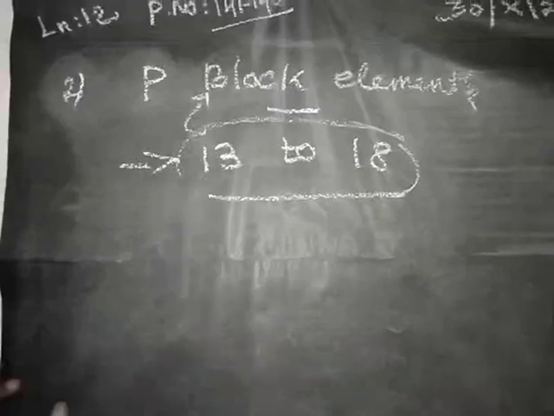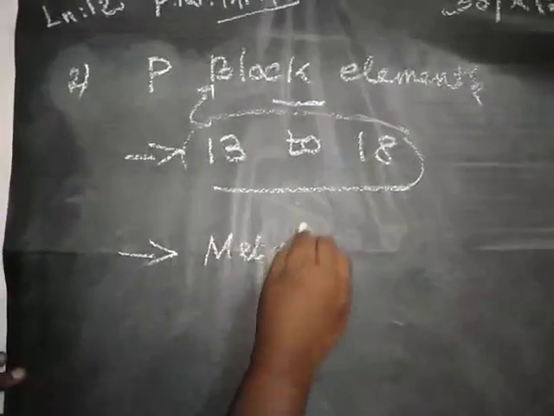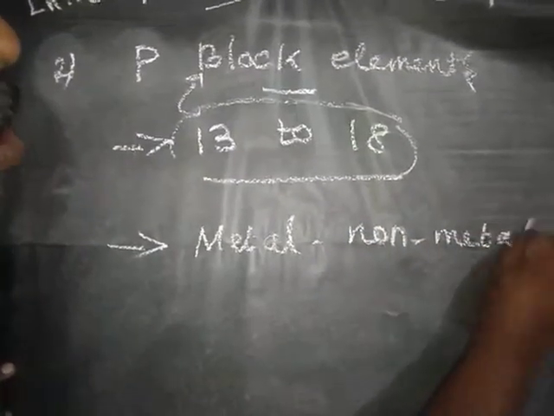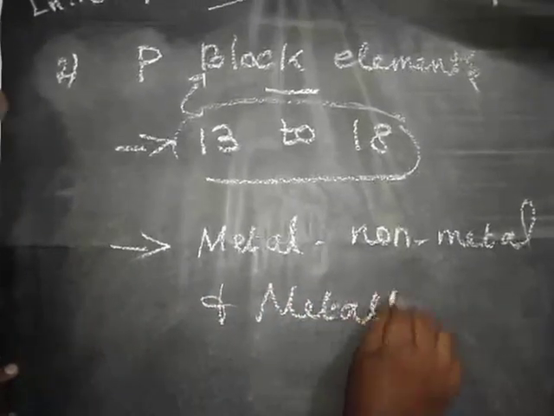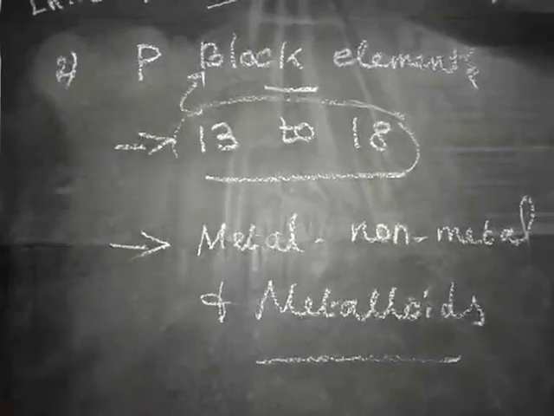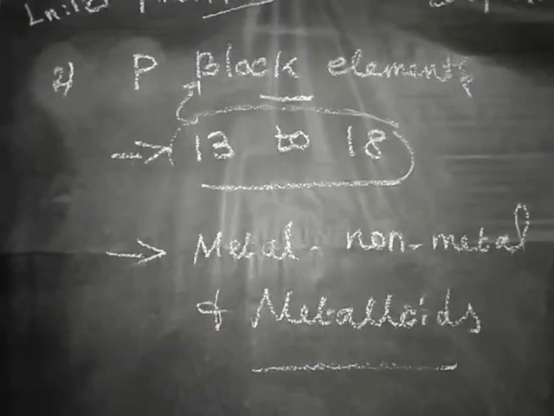This block contains both metals and non-metals, and another kind, metalloids. What is the special character of this block?